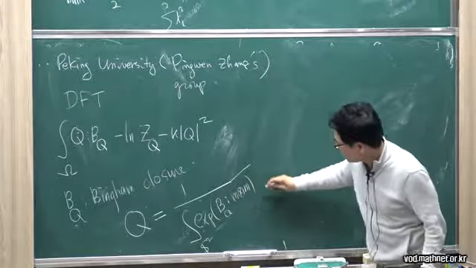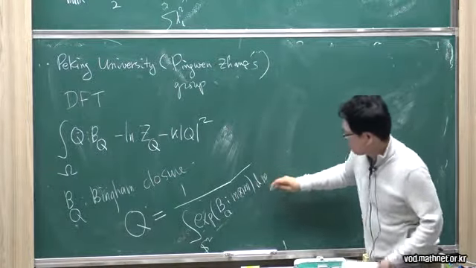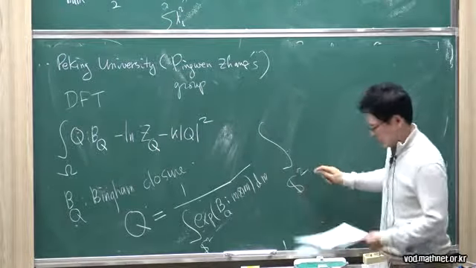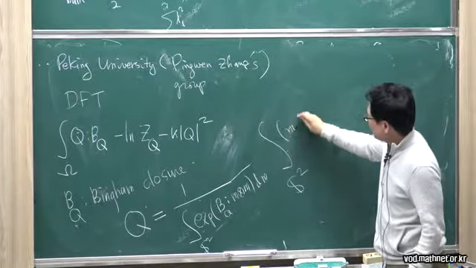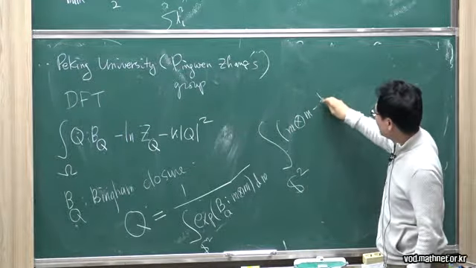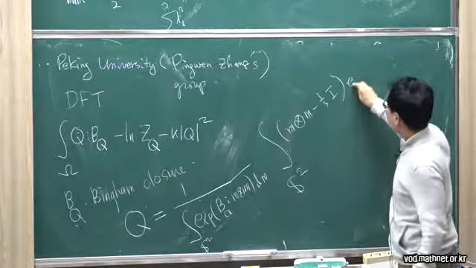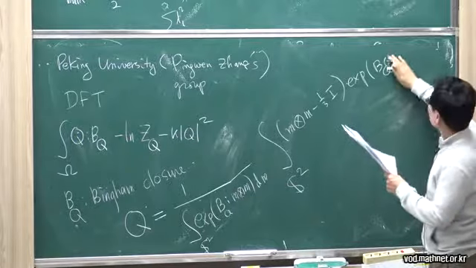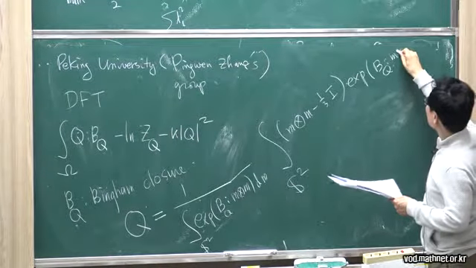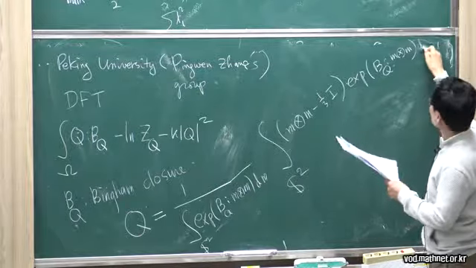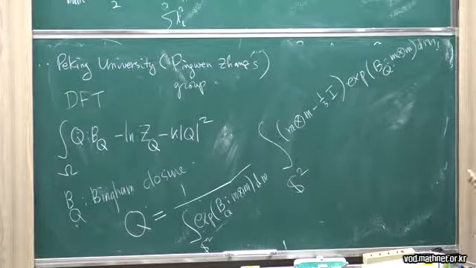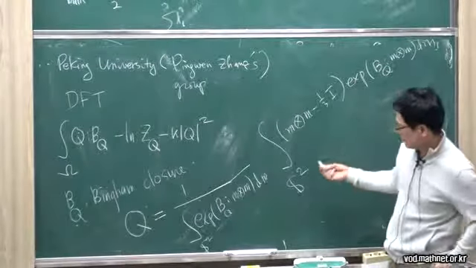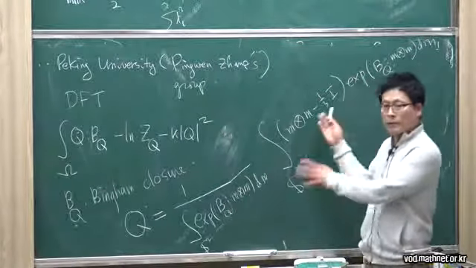So you got this one, and then the integral over S2 of M tensor M minus 1/3 I, exponential of BQ inner product M. So whenever Q is given, you can always find the 3x3 matrix B satisfying these equations.